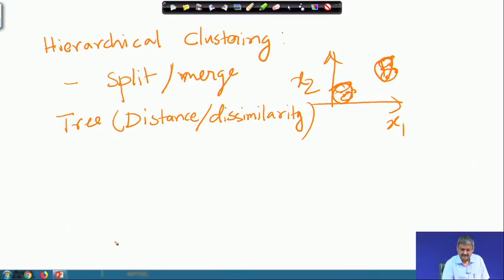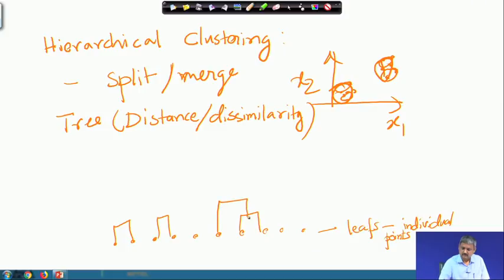What do you do in the tree? The tree looks like this. In the leaf, you have the individual points. Now, the tree merges these leaves in some order, and they keep on merging.